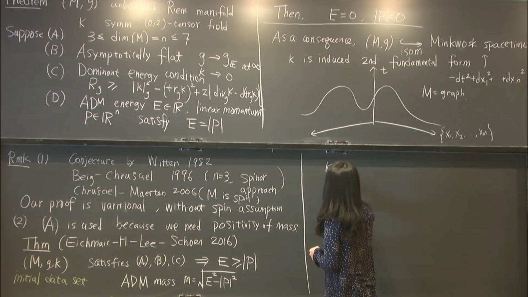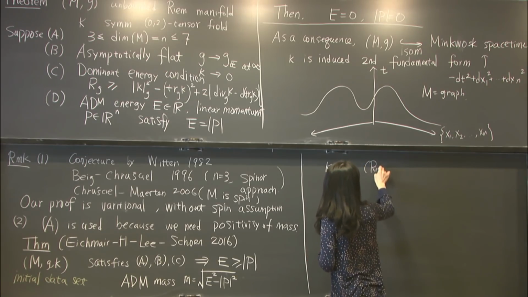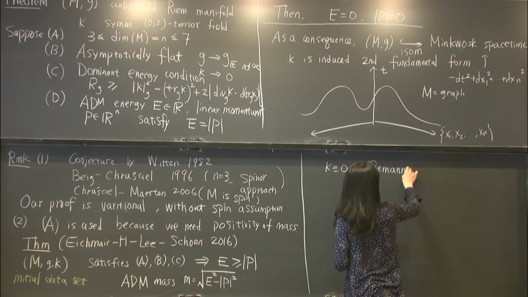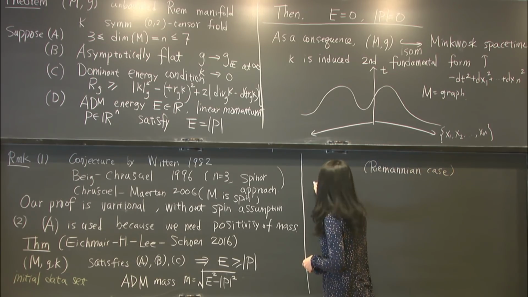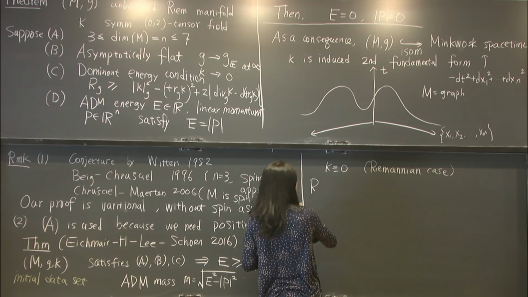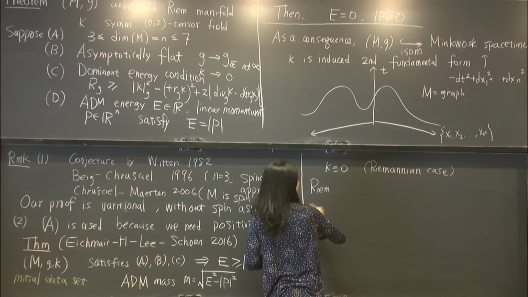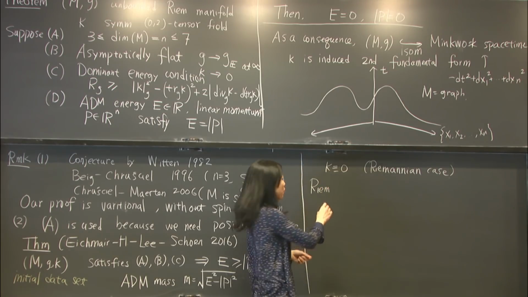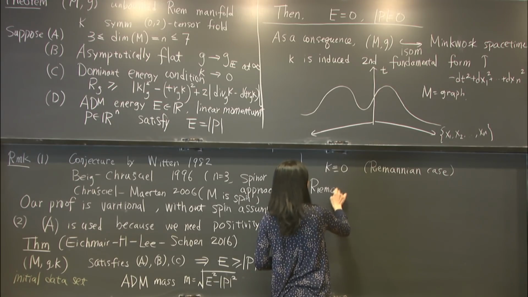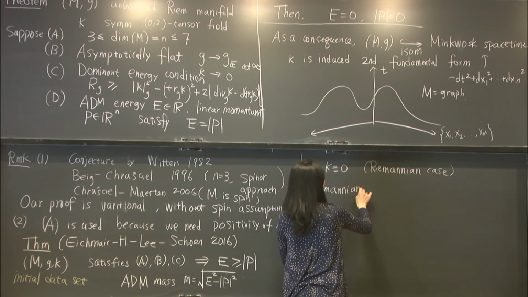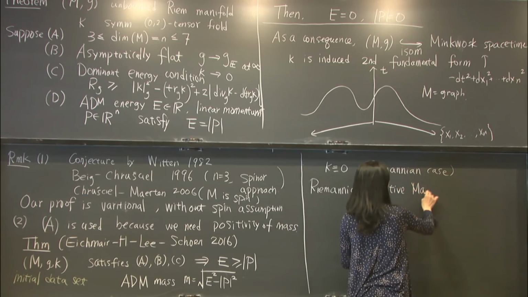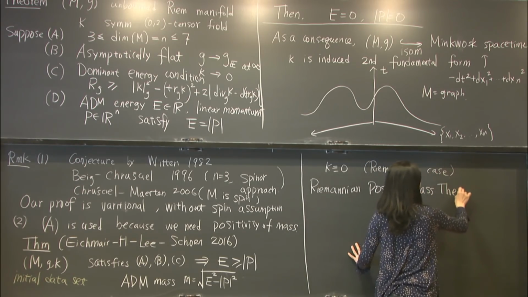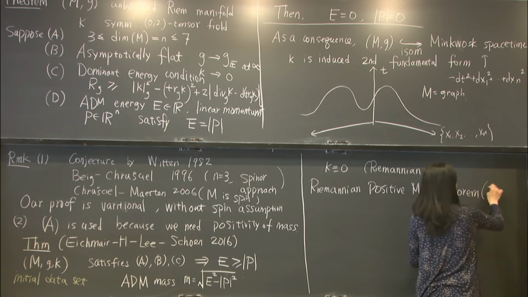So people also refer to this as the Riemannian case. And the Riemannian case was done 40 years ago, so this is the 40-year anniversary of the Riemannian positive mass theorem, by Schoen and Yau.